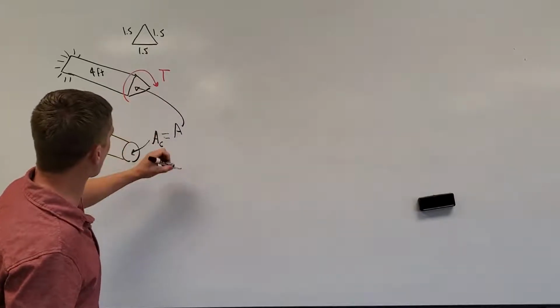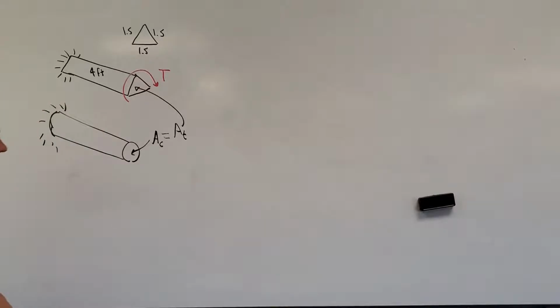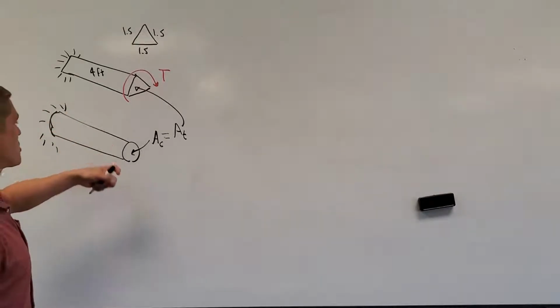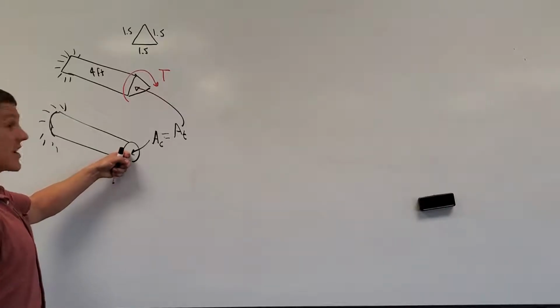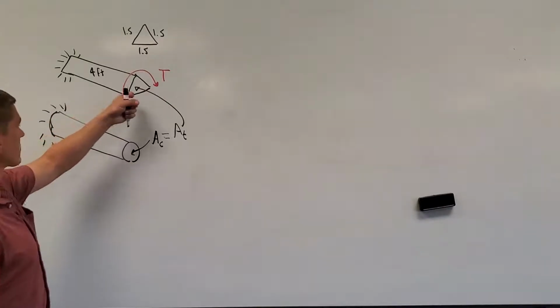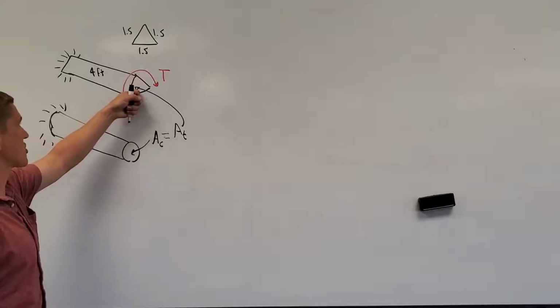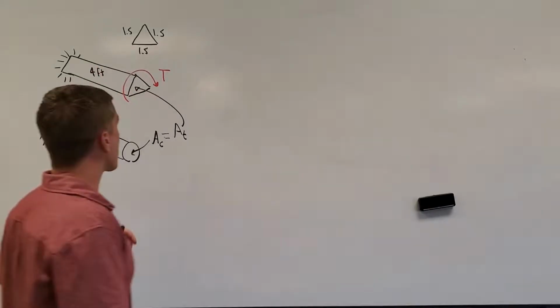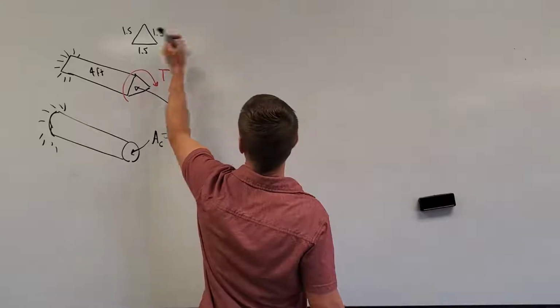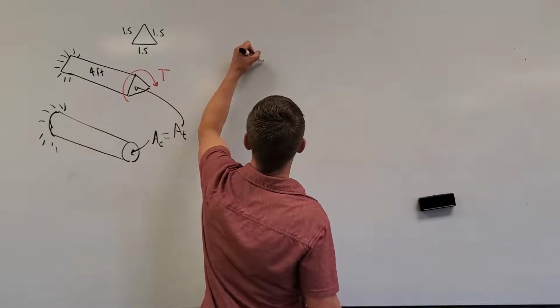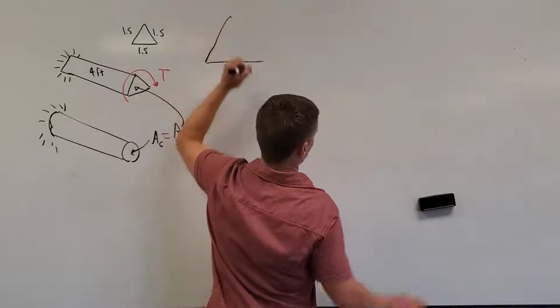The area of the circle has to be equal to the area of the triangle in order to use the same amount of material, because the volume of the shaft is going to be the cross-sectional area times the length. So the area of this triangle, let me draw it a little bit bigger.